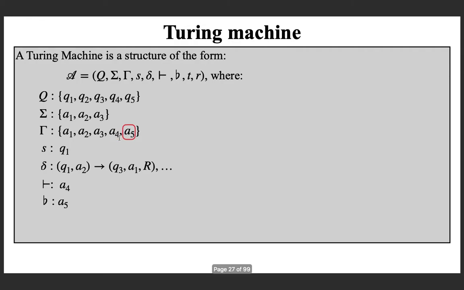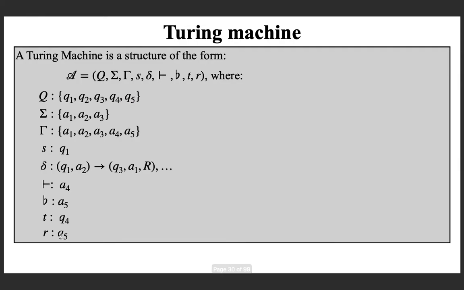Next is the blank symbol on the tape, and let us say it is the last symbol here. Then the accept state, one of the states, say Q4, and finally the reject state, which again is a state in the state set. So this is an example Turing machine, and these are the structural components defining a Turing machine.